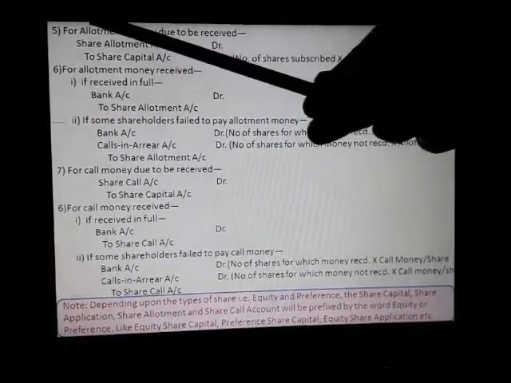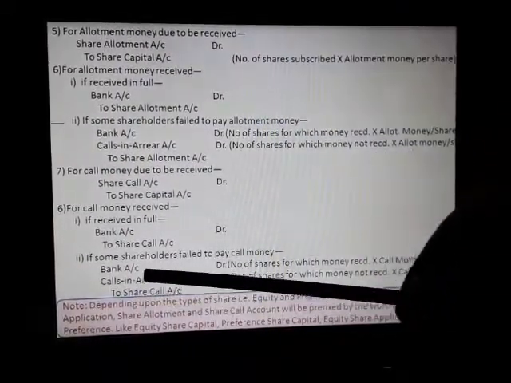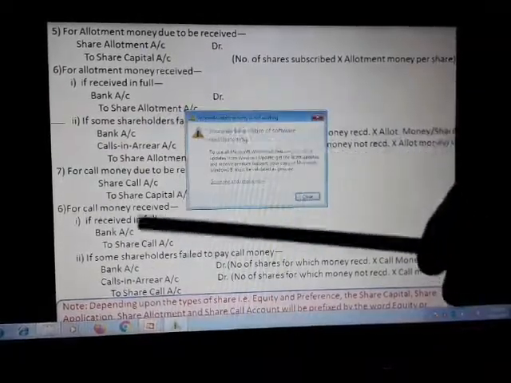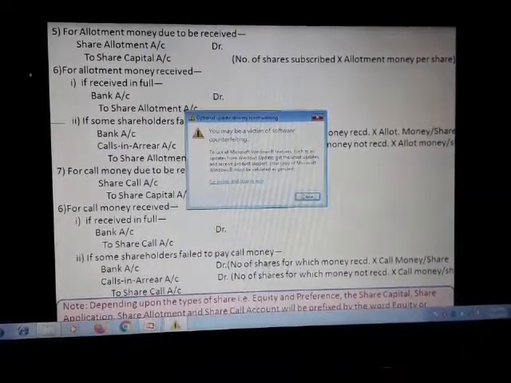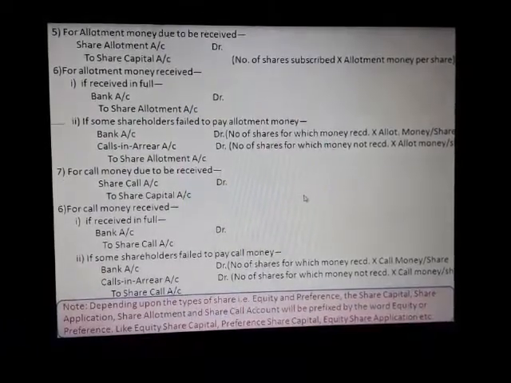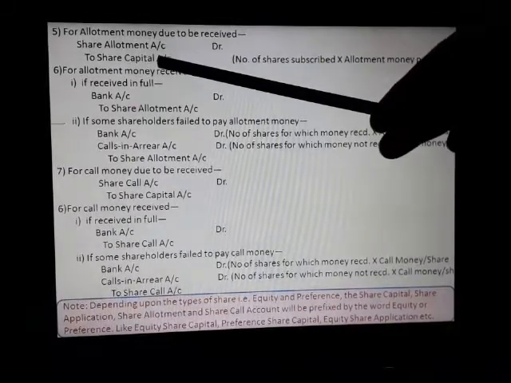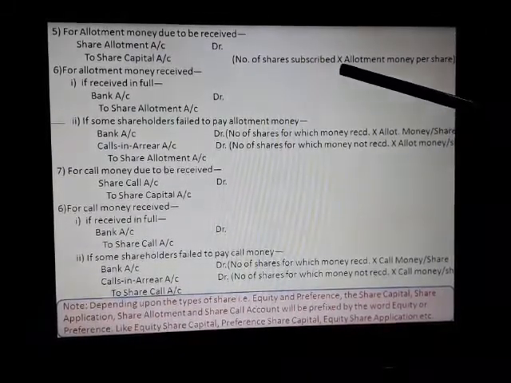That's why from allotment onward, the allotment money or call money due should be accounted for first, then should be received. For allotment money due to be received, share allotment account debit to share capital, number of shares subscribed into allotment money per share.